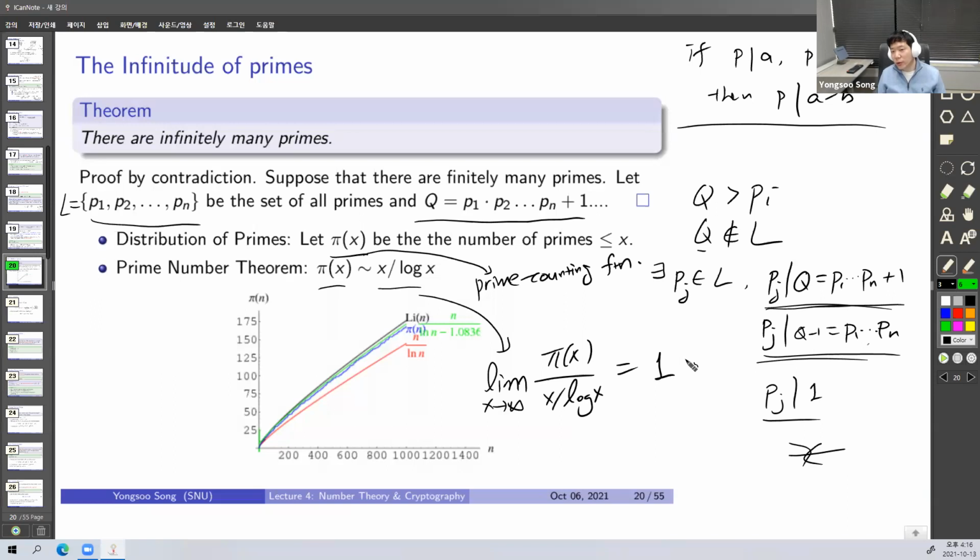So the ratio between the number of primes less than x and the value x over log x goes to 1 as x goes to infinity. This is the prime number theorem. But back then, in the 18th century, it was an open problem among mathematicians.